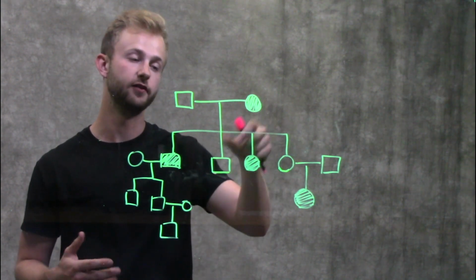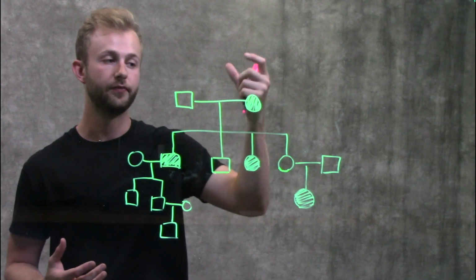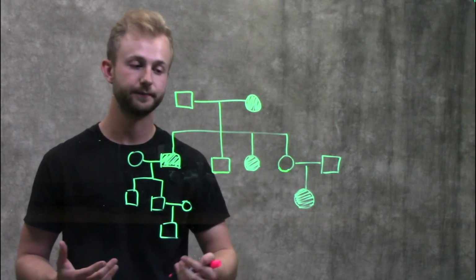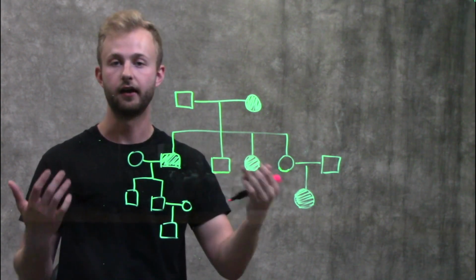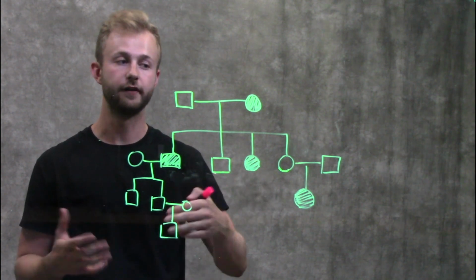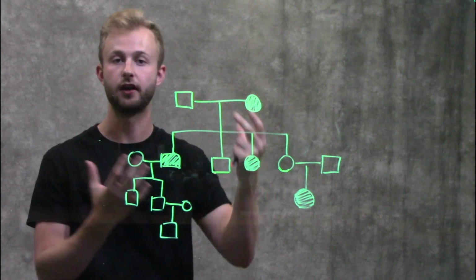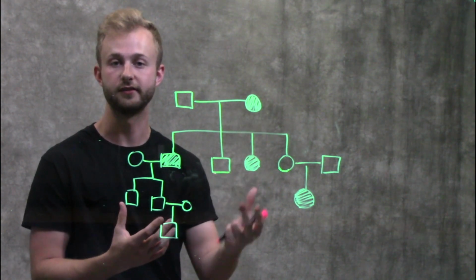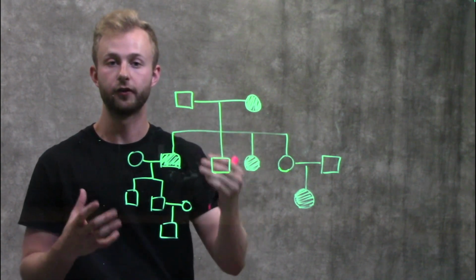So we at least know that this individual is not homozygous dominant, but we could still have this individual be heterozygous, and then this individual be homozygous recessive and get this distribution of this trait. And the same could go if it was a recessive allele and this person was heterozygous and this person was homozygous recessive for this disease. So we kind of need to look away from this first group of people.